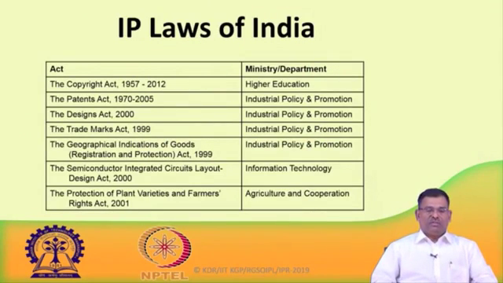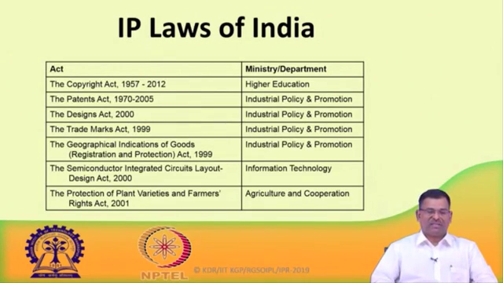And if you look into the Indian scenario, we will come later on, but at a glance you can see India has complied with the TRIPS agreement and enacted or amended its laws in accordance with the obligations under the TRIPS agreement.